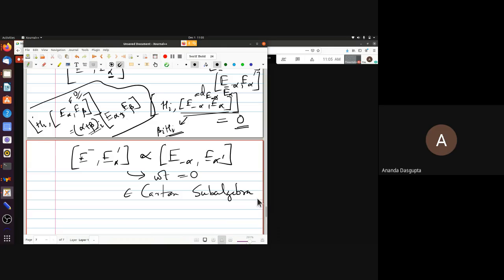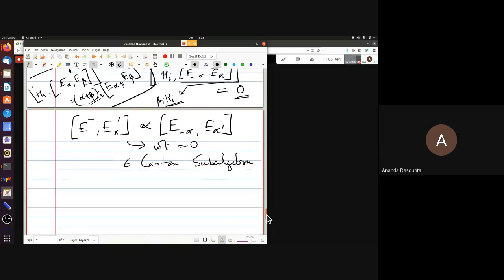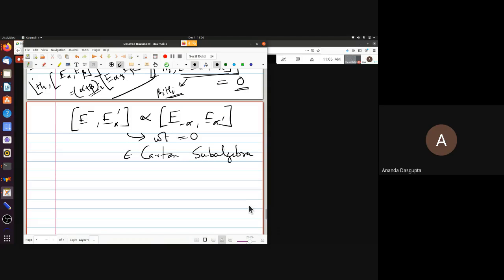Is everybody okay with this? And then we showed that the inner product with E minus E alpha prime for all the Cartan subalgebra generators HI is 0. So what does it tell you about this?